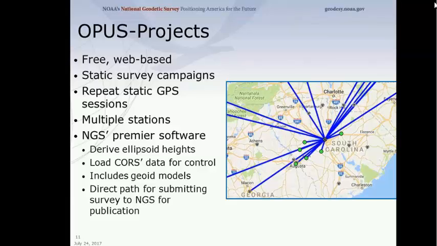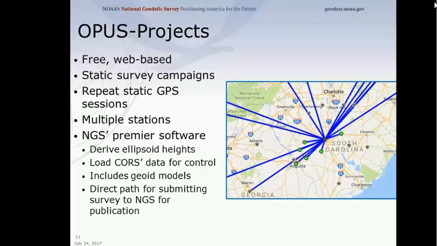And hopefully this program is something that you are starting to integrate into your workflow. If you want to tie in to the NSRS, this is our premier software program, the best version of OPUS. And it's free, it's web-based. Currently it's designed for processing static GPS observations. That's going to evolve, and I'll talk about that a little bit at the end.